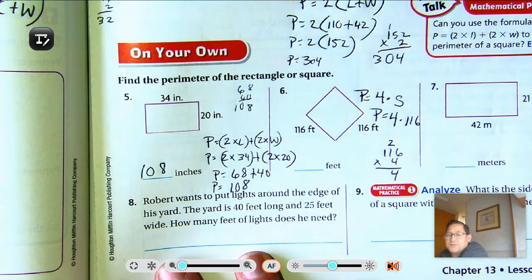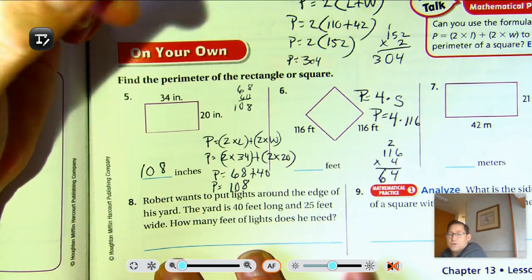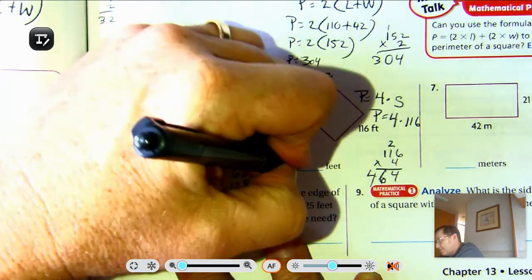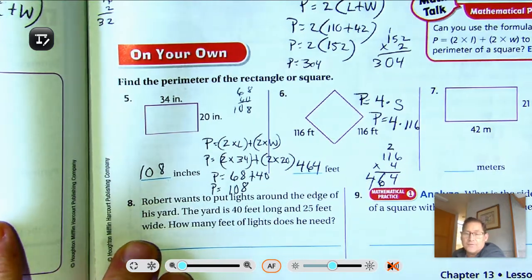We'll regroup that as 2 tens and 4 ones. 4 times 1 is 4 tens, plus the 2 regrouped tens gives us 6 tens. And 4 times 100 is 400. So you would need 464 feet to go around that square.